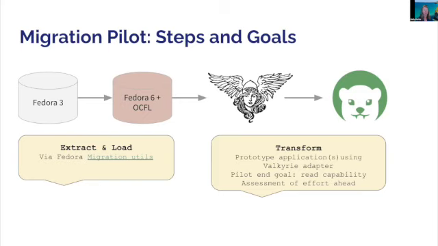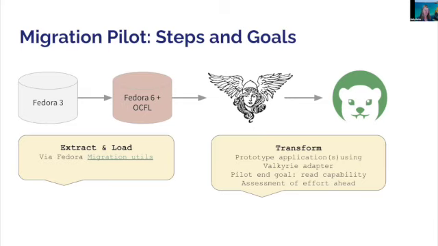So to do this, we're basically doing an extract and load process through those migration utilities. This also converts our data into OCFL, which is the Oxford Common File Layout, which we're very interested in working with. And then we really have a lot of question marks about what kind of transformations we have to do to this data so that it can be interacted with through Samvera gems.